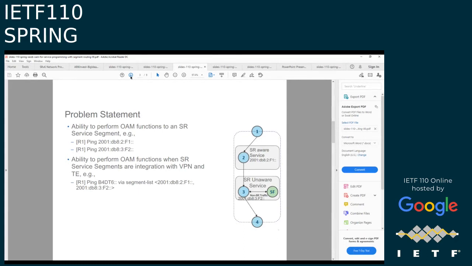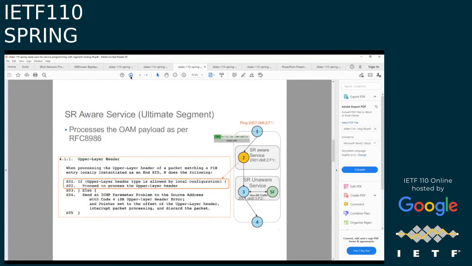The second function is O&M functionality on an SR unaware service, which is node number 3, so it's function 2. Then we're going to do an example where we take an integrated VPN with TE, and we do an O&M walk to a VPN SID via a SID list. With that, let's move on.